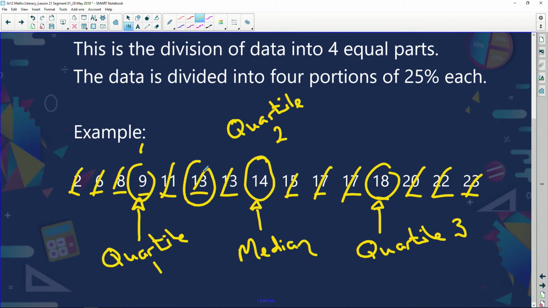Now it helps me even more to determine how good my marks really are in a class. If this test was out of 25 and I got 13, I can say 13 is over here. It's actually in the bottom half of the class.